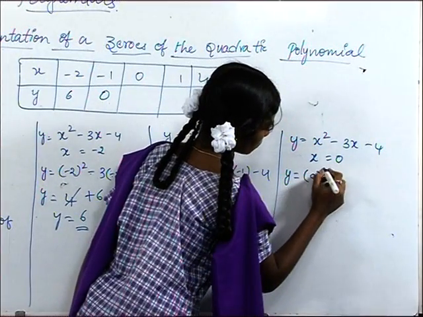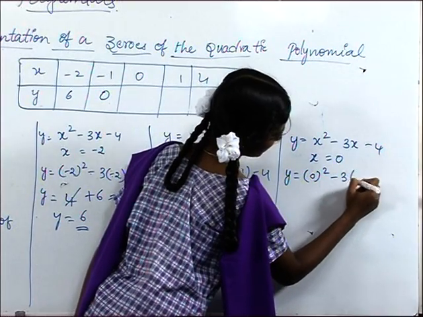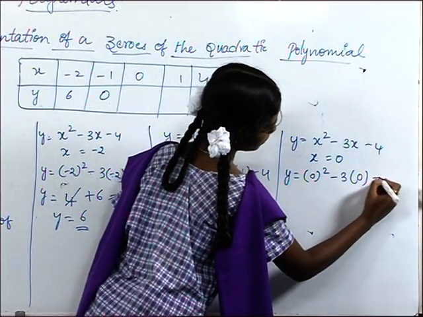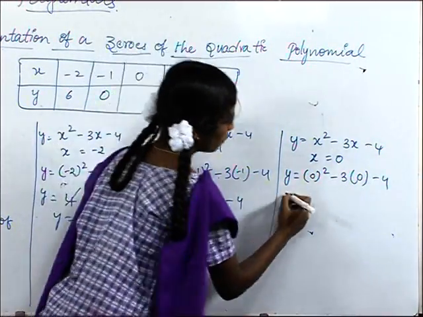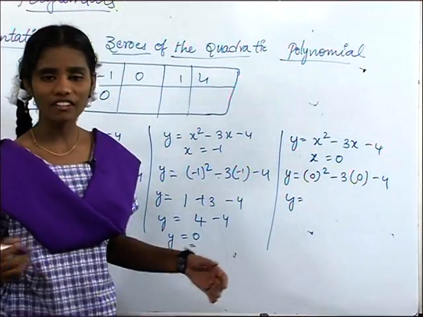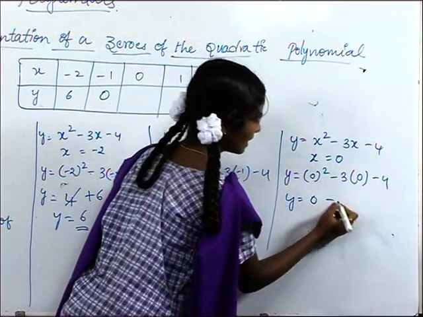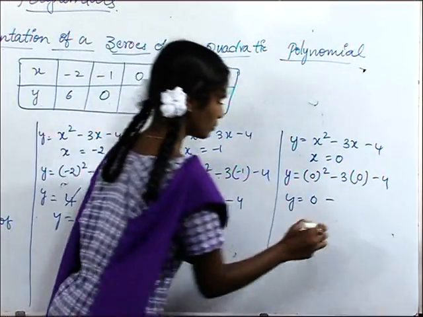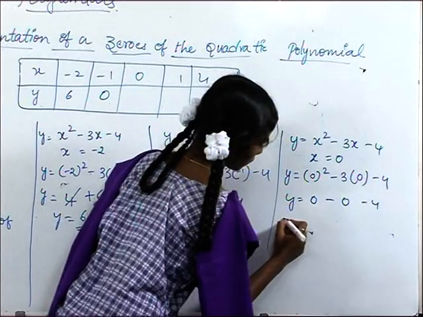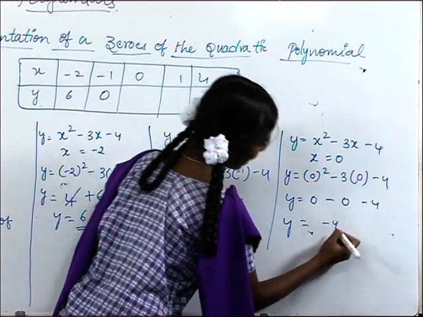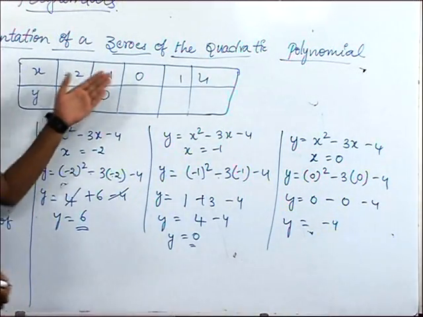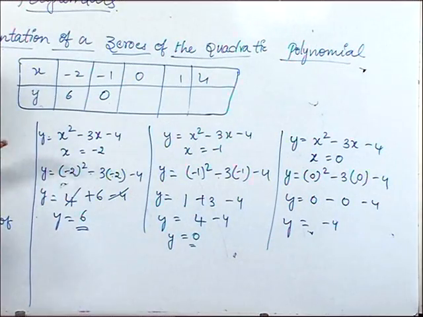So 0 whole square minus 3, in x place I am taking 0, minus 4. So y equals, friends, 0 whole square means nothing but 0, minus 3 zeros are 0, minus 4. So y equals minus 4. So x value is 0 and y value is minus 4.